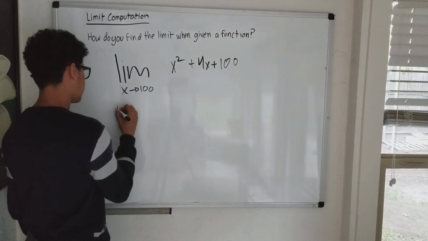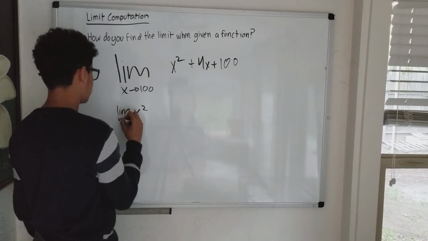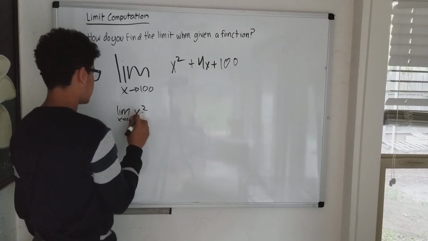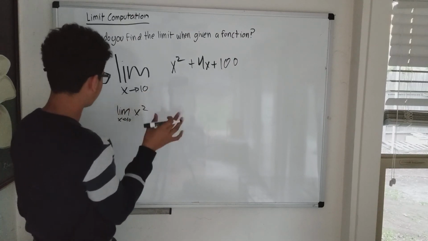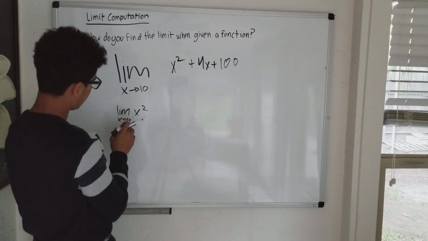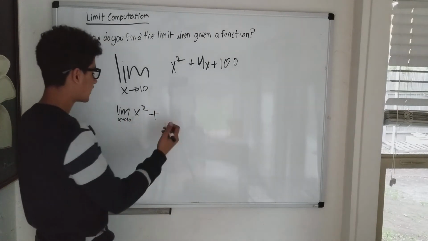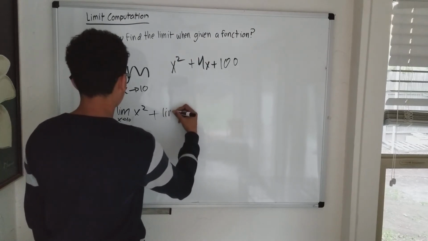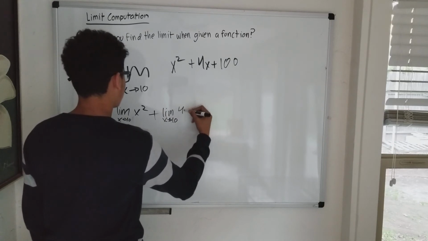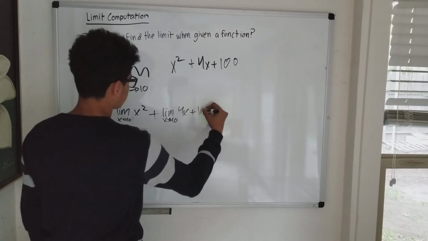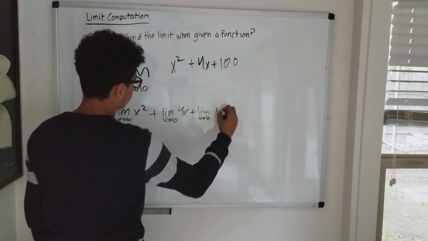So it would go down to being the limit of x squared as x approaches 100. Let me simplify it to 10 because I really don't want to do the square of 100. So the limit as x approaches 10 of x squared plus, and remember this is our addition property, the limit as x approaches 10 of 4x plus the limit as x approaches 10 of 100.